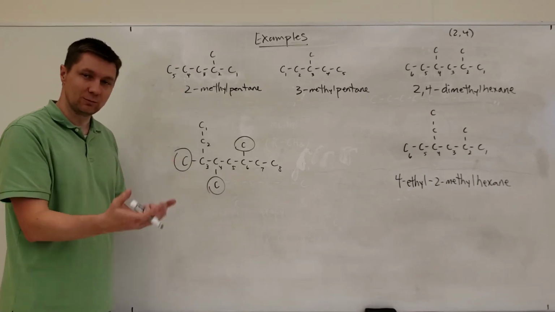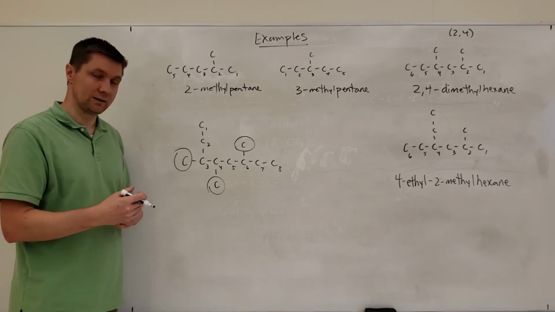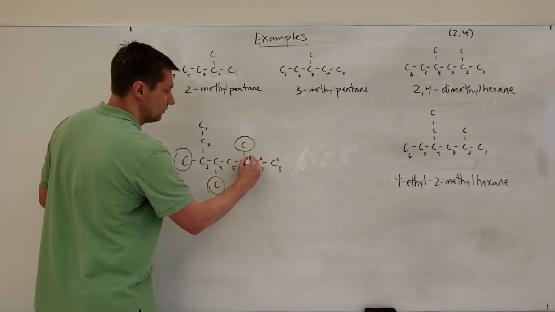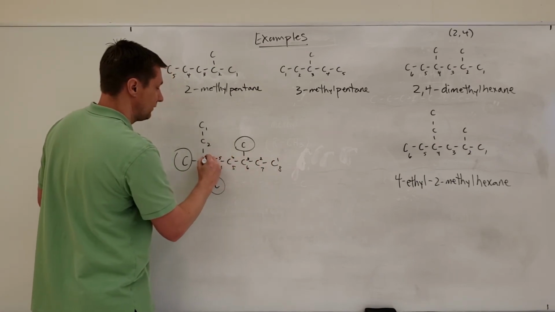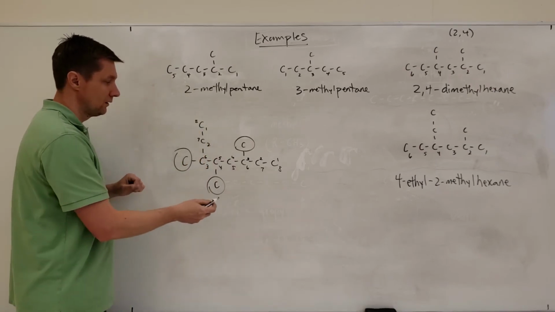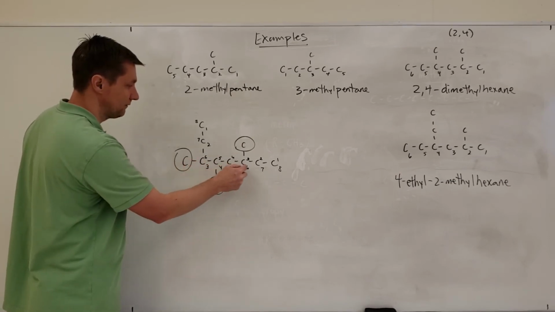The other thing I want to double check is that the other numbering direction is not the numbering direction that I want. So if I were to number this like this, 1, 2, 3, 4, 5, 6, 7, 8, then I can take a look at my two sets of numbers. For this one, I've got 3, 4, and 6.